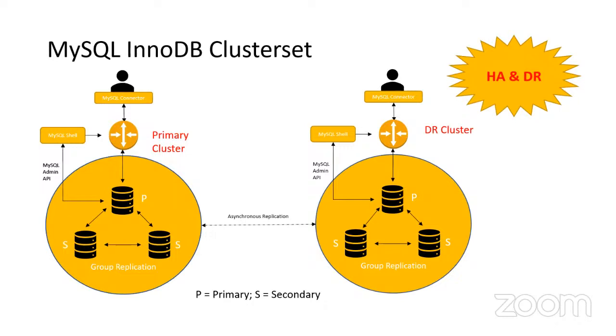If you look at Oracle, maybe on the left-hand side you can have multiple nodes that read and write. But in a MySQL InnoDB ClusterSet, although I have three servers on the left-hand side primary cluster created on group replication, on the right-hand side I have three individual servers again. So out of six, only one primary server in the primary cluster will be able to take the client connections.